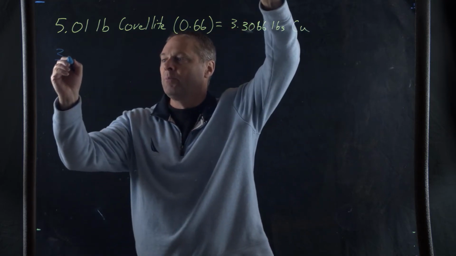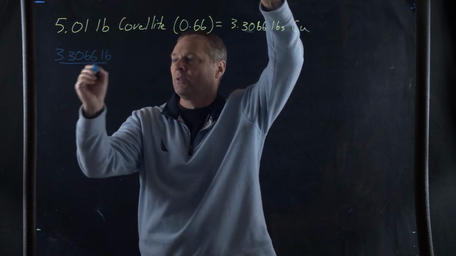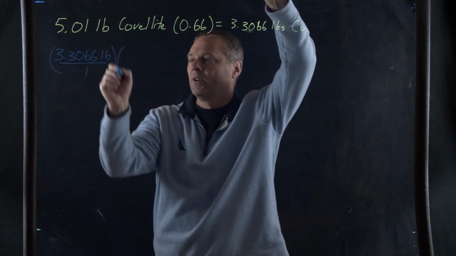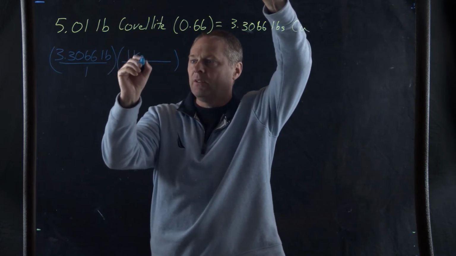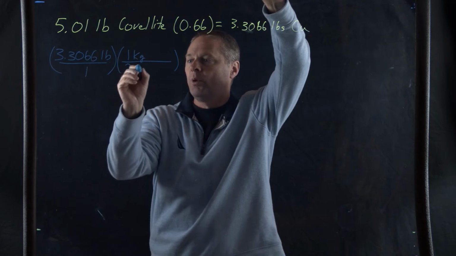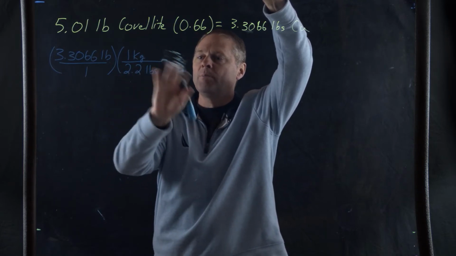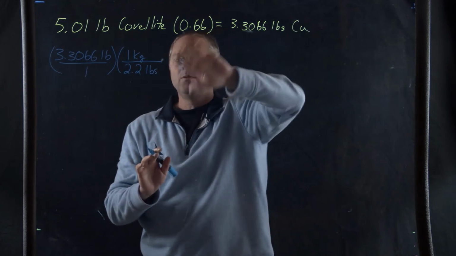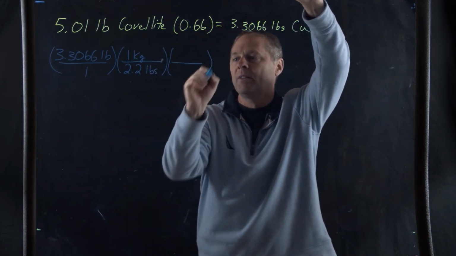So this is 3.3066 pounds. Convert that, or make that into a fraction. We know that for every kilogram, there is 2.2 pounds. Now, it'd be a whole lot better if we could just put this in terms of grams, and so we can simply multiply by 1,000.